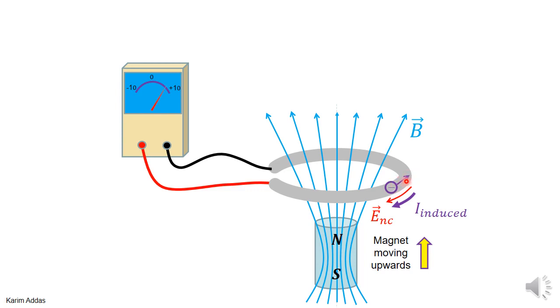If the negative charges are moving in this direction, then the direction of current is opposite the direction of motion of the charges, and it's this direction. So we've been able to establish a theory that predicts that an electric field is going to be produced, and it's going to be produced exactly in the same direction to create the current that was observed experimentally.